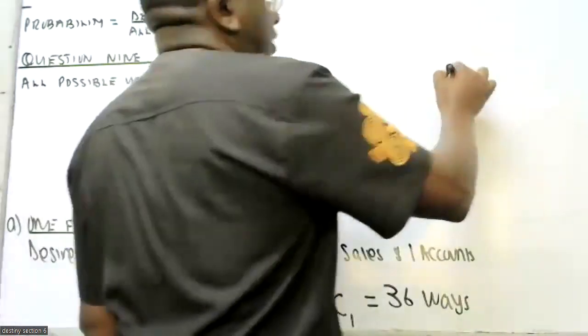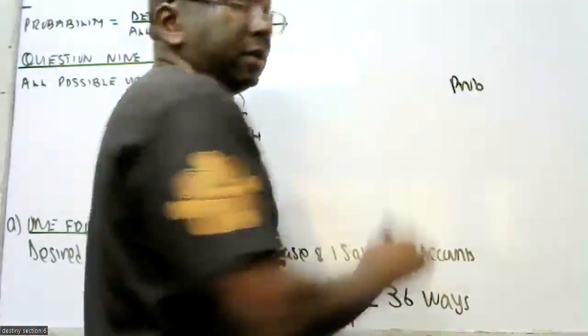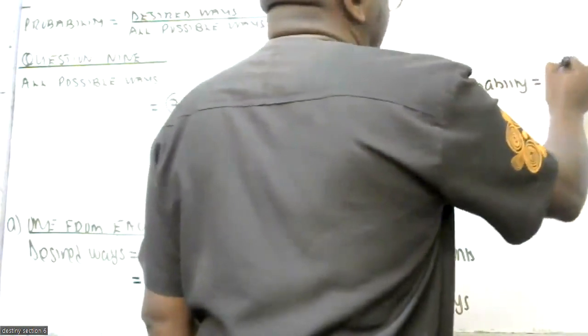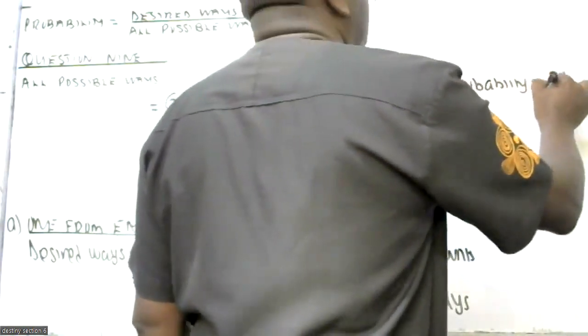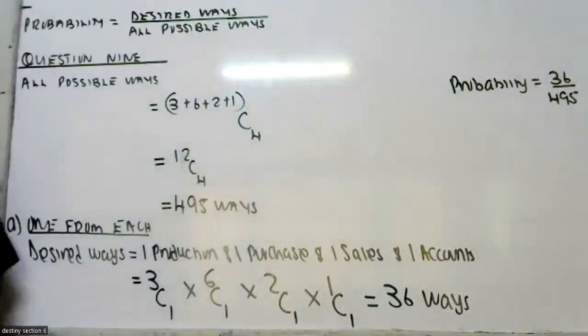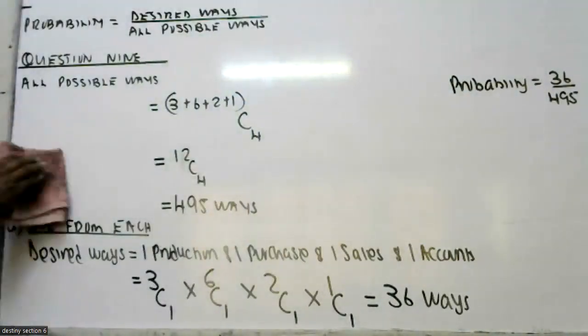And therefore, the probability will be the desired 36 over the possible 495. That will be the probability.